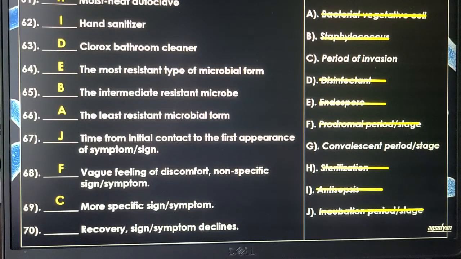So we should be able to know what type of disease it is during the period of infection. So cross that one. 70. Recovery, the signs and symptoms decline. Yes, only one choice is left, which is the convalescent period or recovery period. So G, we cross that.